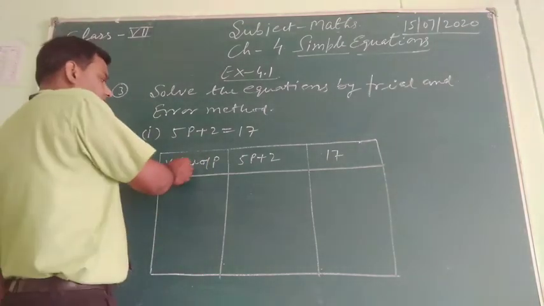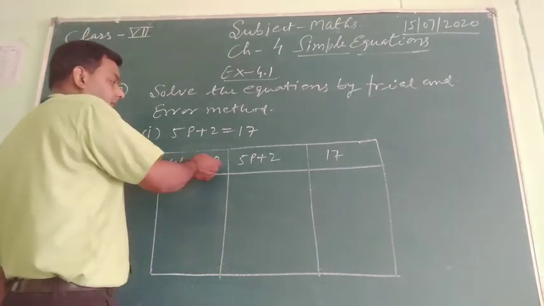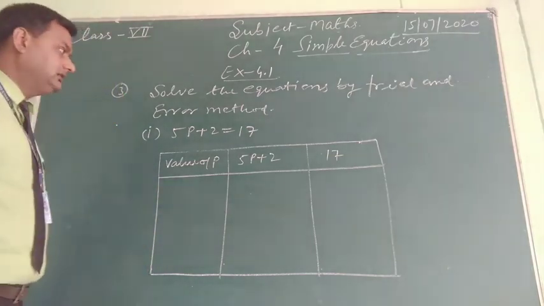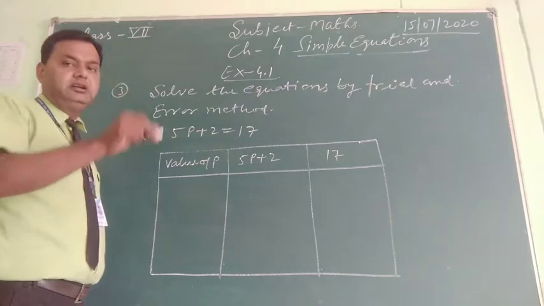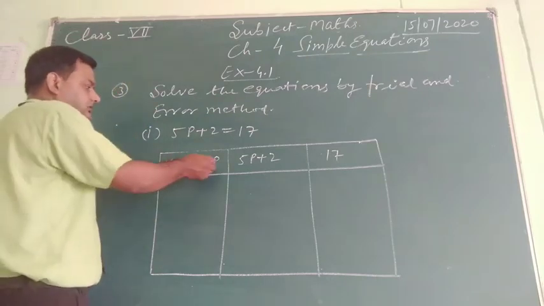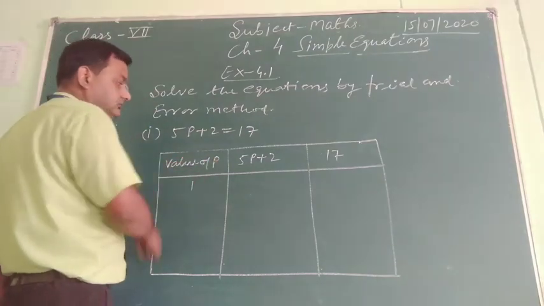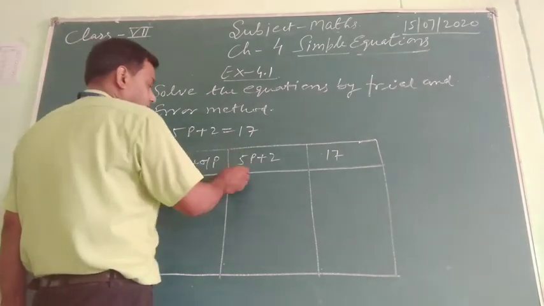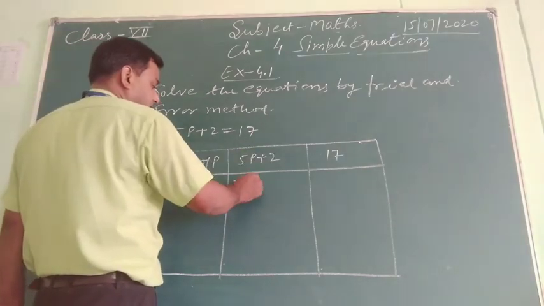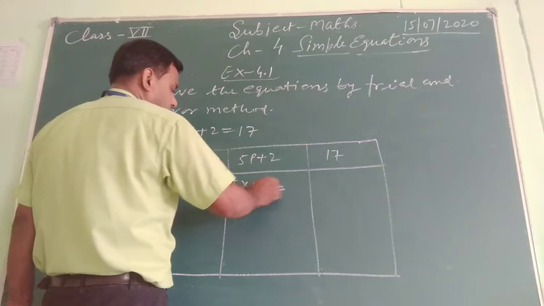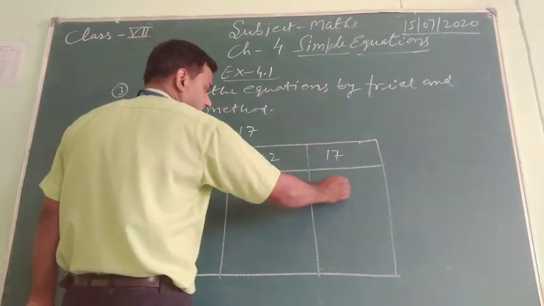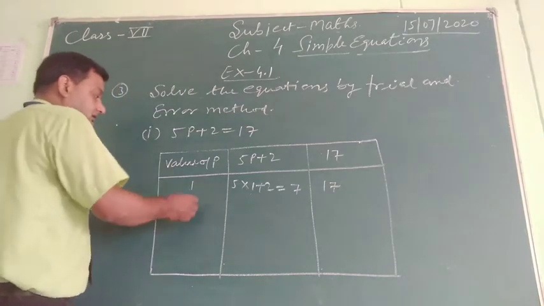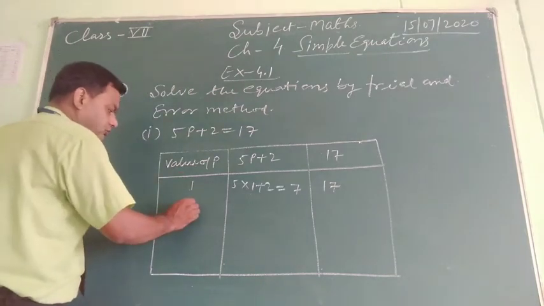Now put the value of p, any value we can put, then we will find the solution of the equation. First of all, we will put the value of p as 1. Then 5 multiply 1 plus 2, 5 plus 2 equal to 7. But the answer should be 70.